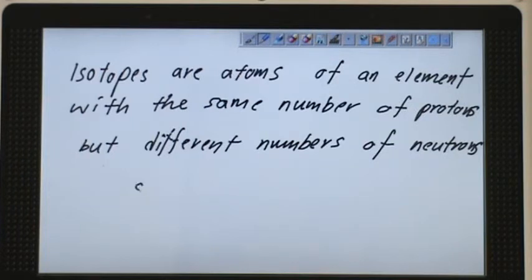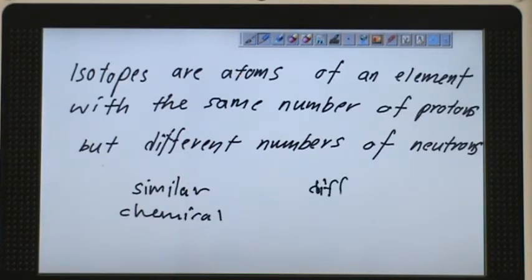So what we can say is they are similar in terms of chemical characteristics, but they differ from each other by physical characteristics. Isotopes have many uses in agriculture, medicine, technology, and all that.